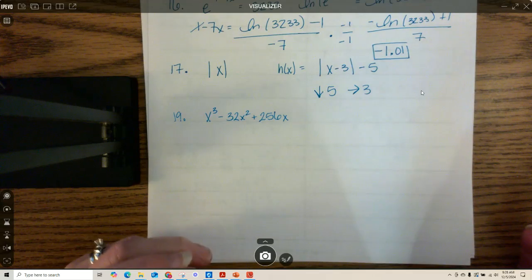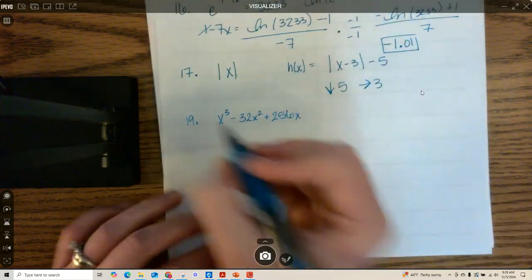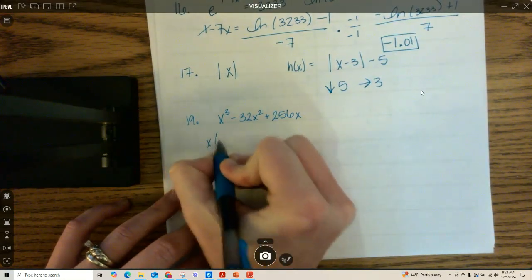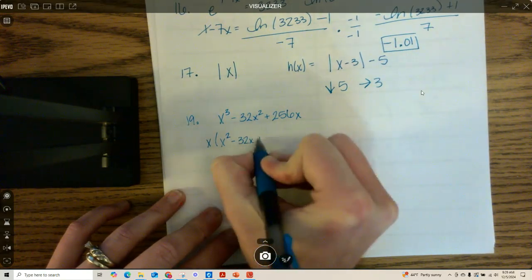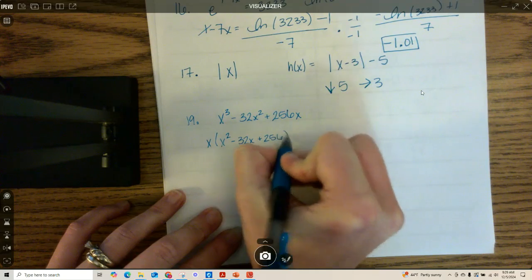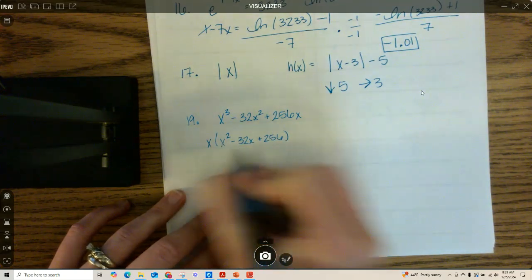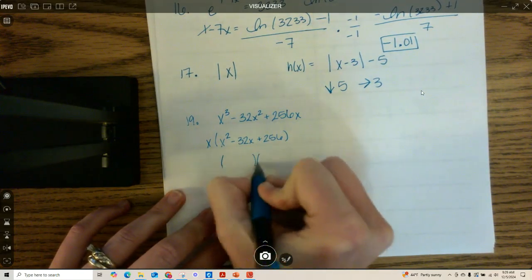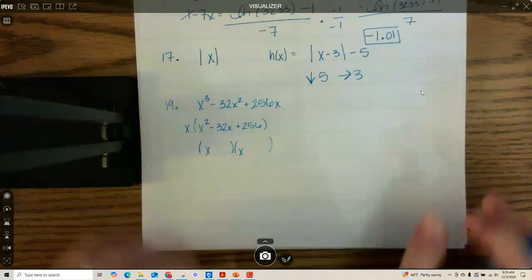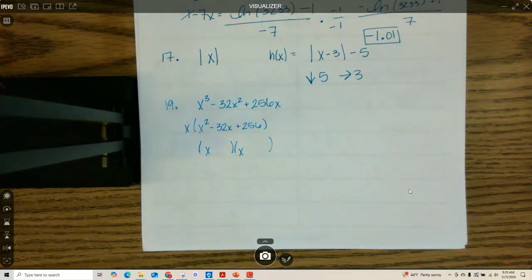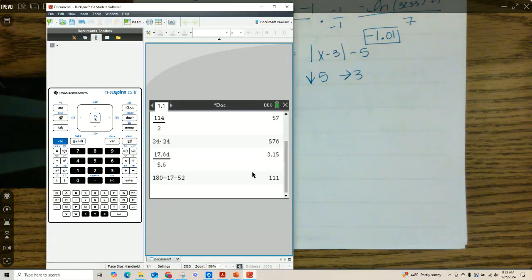First thing I would do is factor it. So I can factor an x out of everything. And then I can factor this. So 256, what can we divide into that?